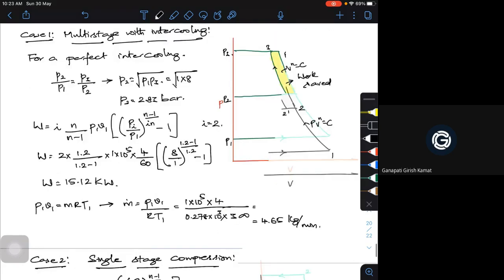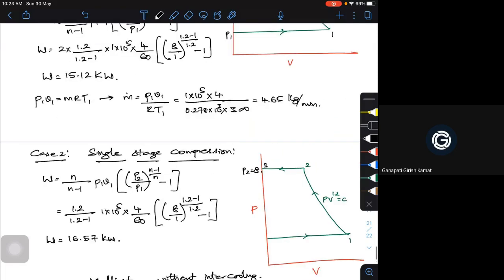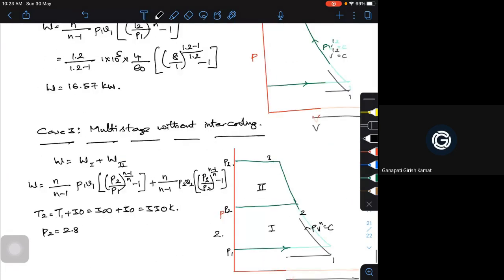For this condition, your T2 is equal to T1 plus 30, that is 300 plus 30, that is 330 Kelvin. But your P2 is still 2.83 bar.